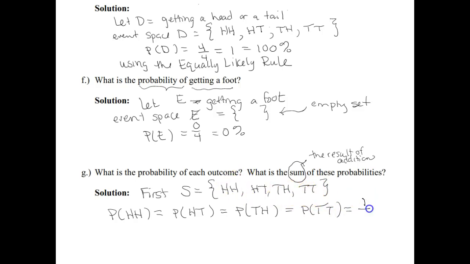So they each have a 1 out of 4 chance of happening. And if we compute that sum, it would be 1/4 plus 1/4 plus 1/4 plus 1/4, which is 4/4, which is back to 1, or 100%.